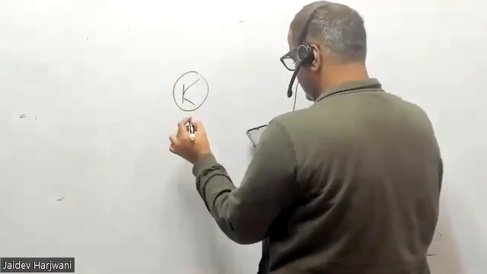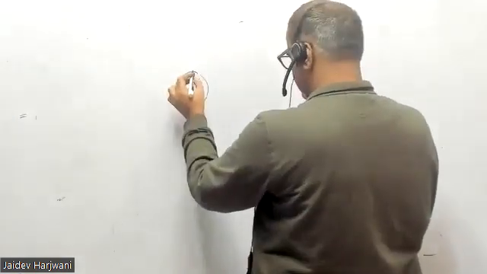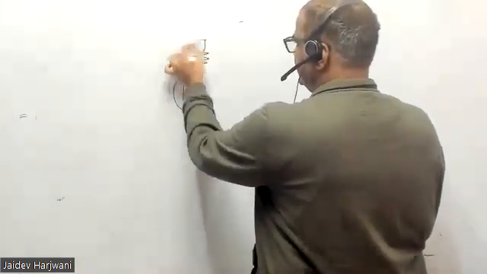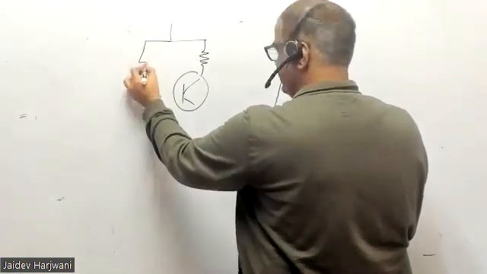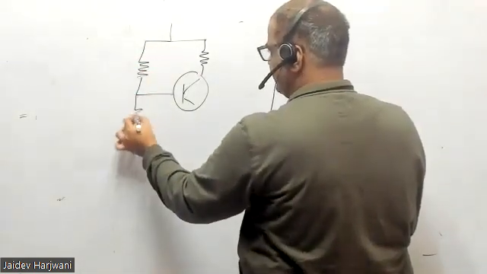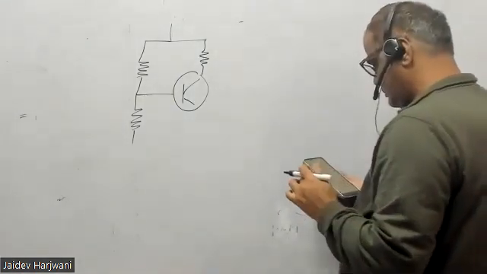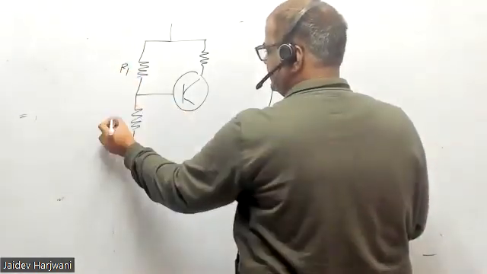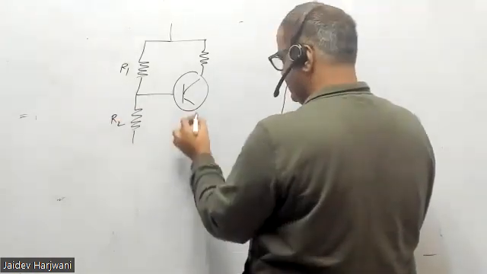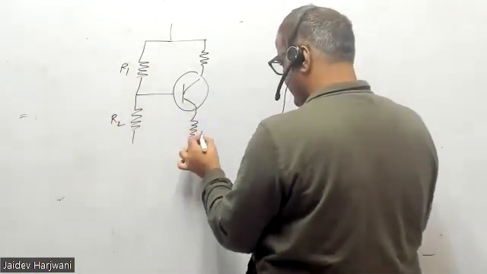सो दिस इज सॉल्यूशन। देखना नहीं है, ऐसे सॉल्व करना है। ठीक है। R1, R2, and then you have RE.